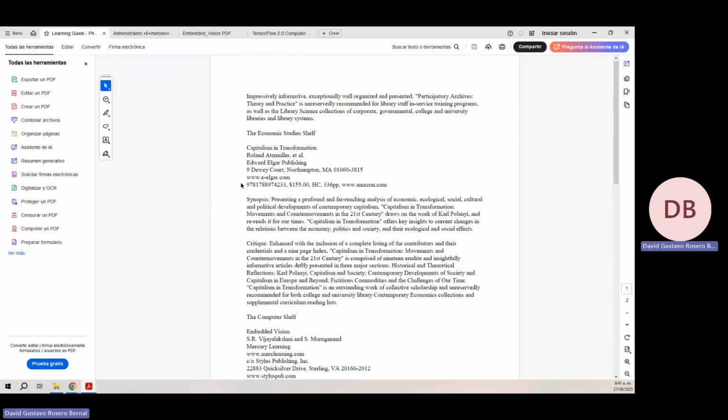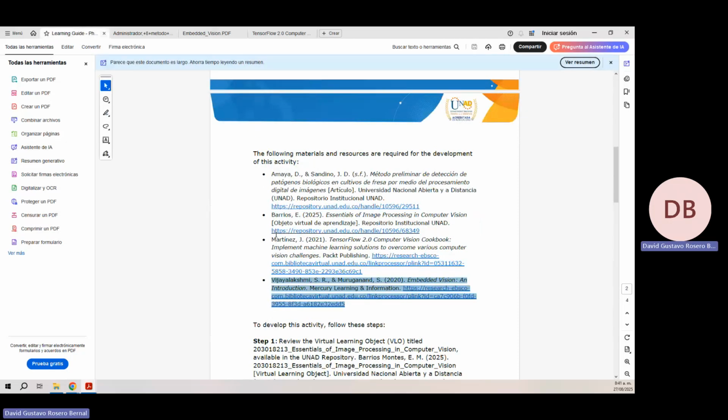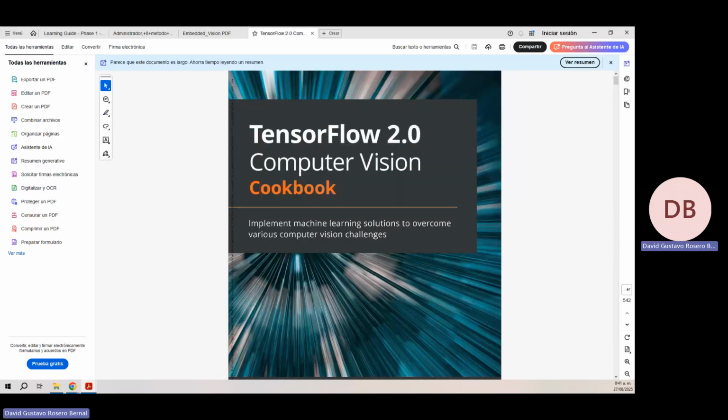The third one is this one, Martínez, TensorFlow 2.0. I got the book. This resource moves into the modern era of deep learning.